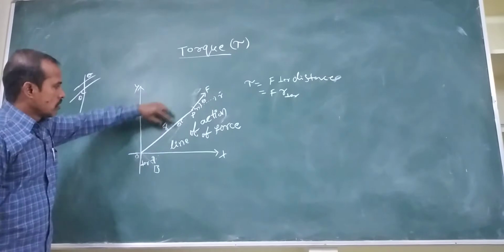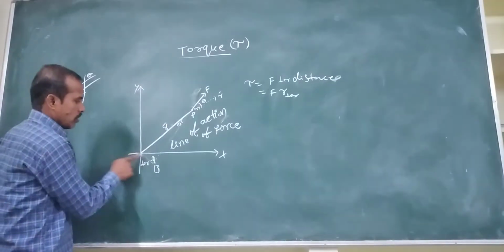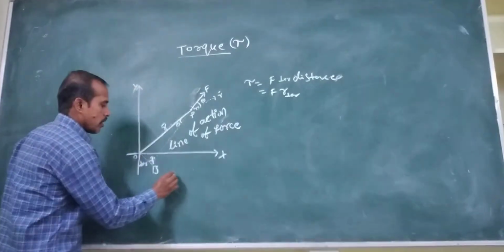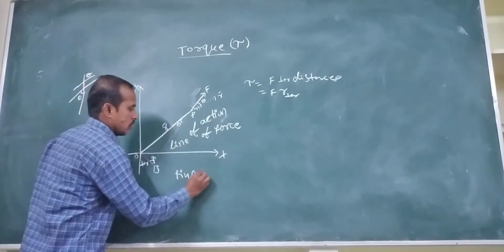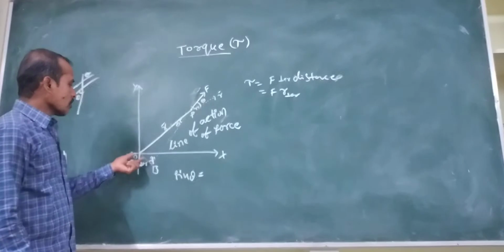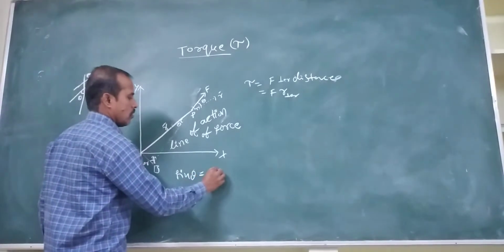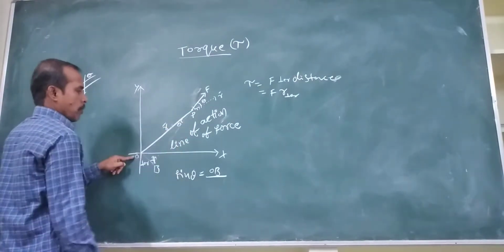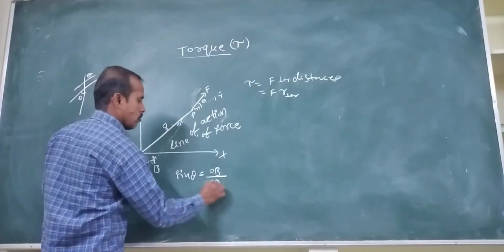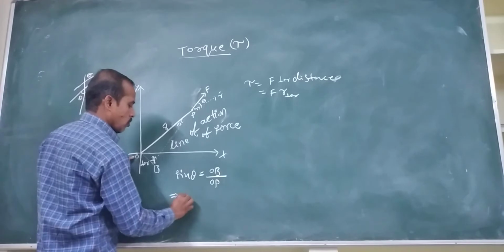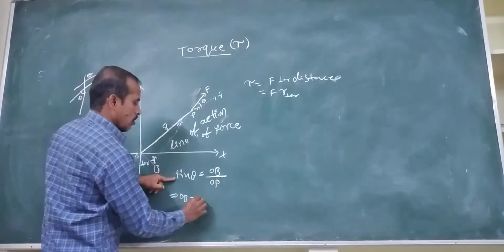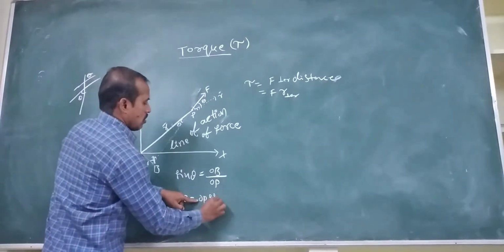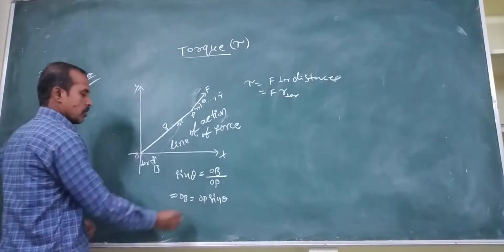So according to this, the triangle has a 90 degree angle. Sin theta is equal to OB by OP. Simplifying, OB is equal to OP sin theta.